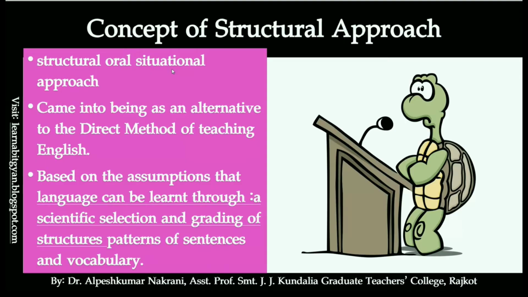For example, you will find simple sentences and simple vocabulary in the 5th standard compared to 10th standard, isn't it? You will find simple patterns of sentences in the 5th standard compared to 10th standard. Why? Because it is scientifically selected. Now, what is scientific selection of the words and sentences? You feel that these words and sentences are most often used in day-to-day life.